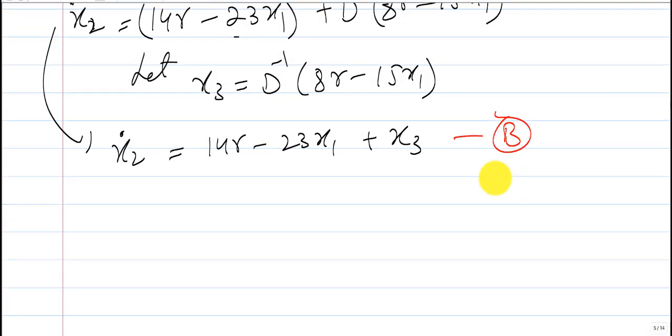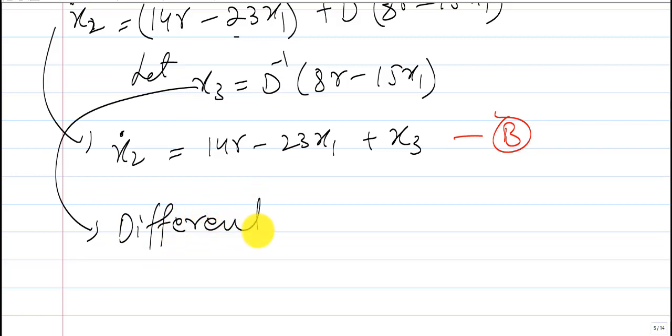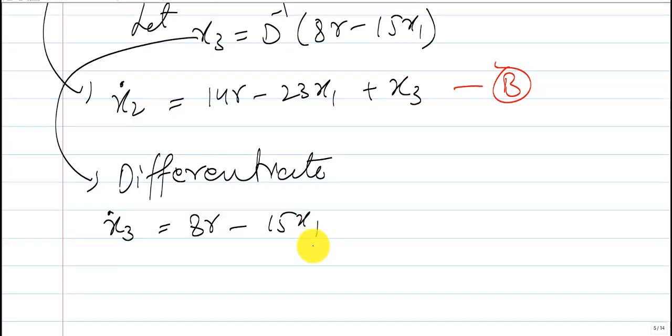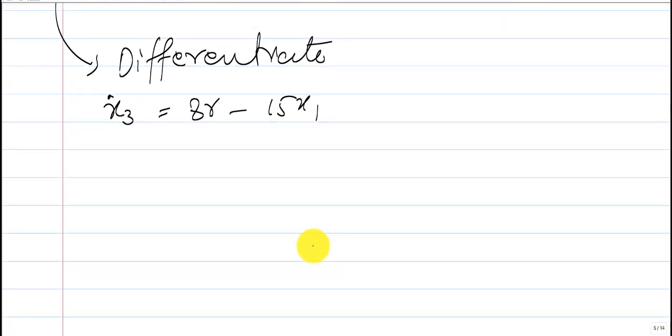Similarly, from this equation, if we differentiate, we get x3 dot equal to 8r minus 15x1. Now we have these three equations, x1 dot, x2 dot, and x3 dot, so we can write them in matrix form.